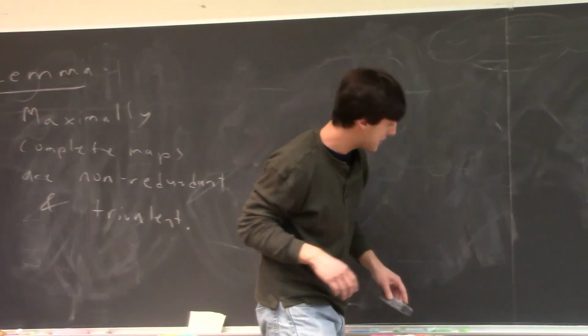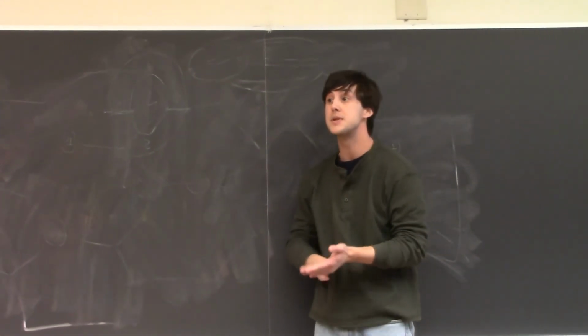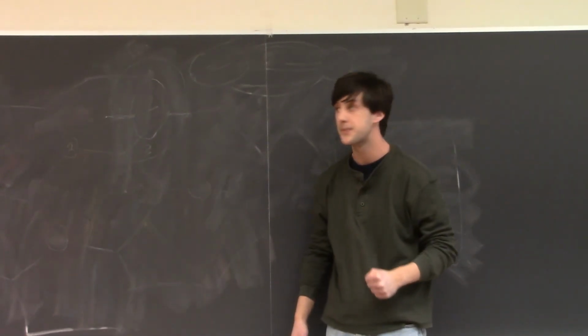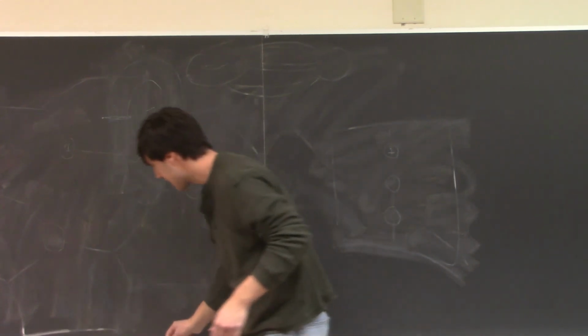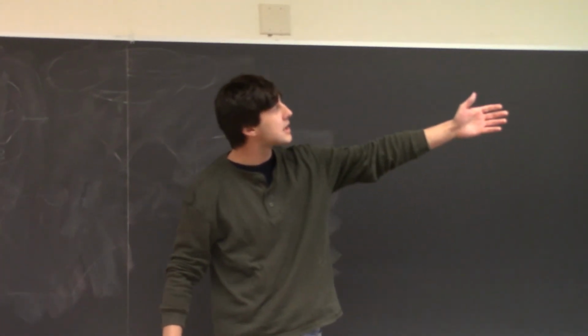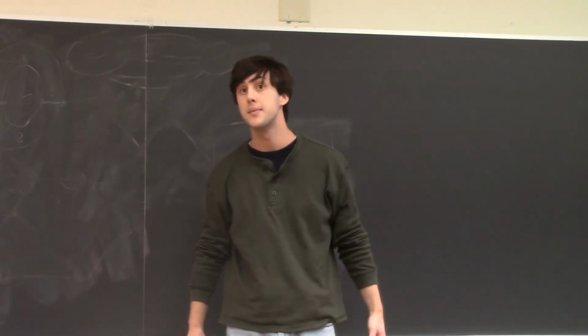And the second thing we proved using that is that a maximally complete regular map is trivalent. That is, at every vertex there are exactly three edges coming in. So we suppose that there were indeed a maximally complete regular map on an orientable surface of genus greater than 1.